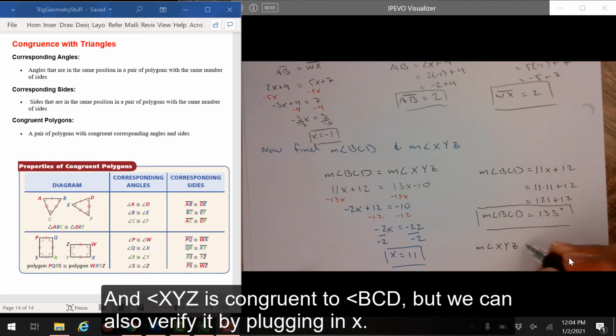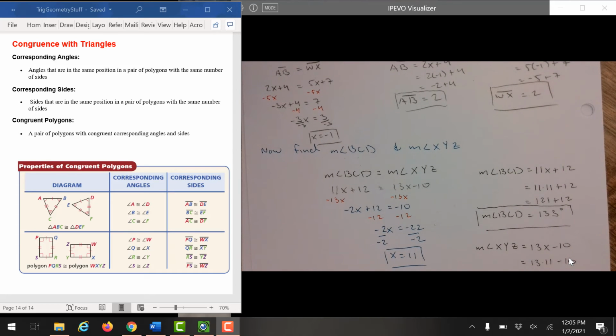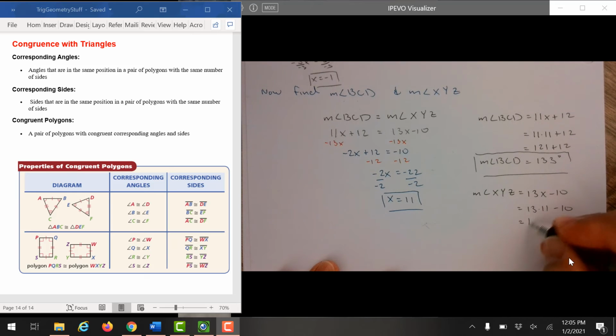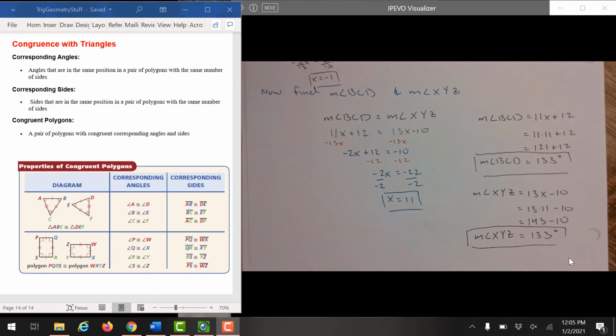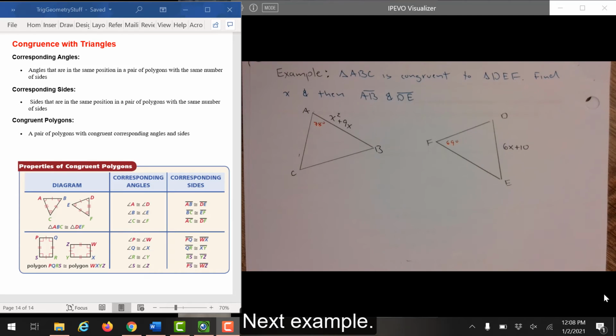And angle XYZ is congruent to angle BCD, but we can also verify it by plugging in x. Next example.